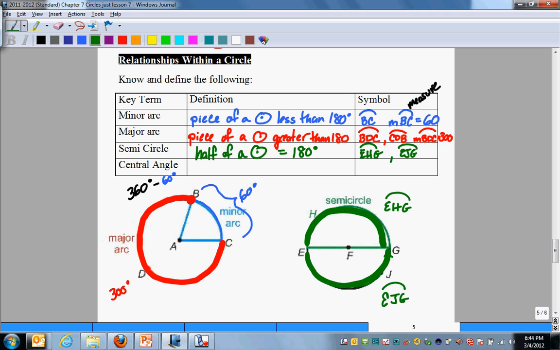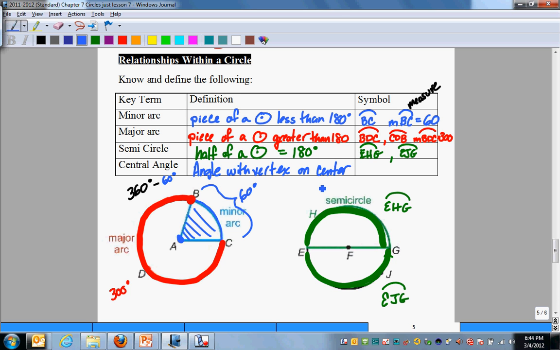And the last term you need to be familiar with is something called a central angle. A central angle is the angle that's connected to the center. And in this case, the center is A. So a central angle is an angle with vertex on the center of the circle.